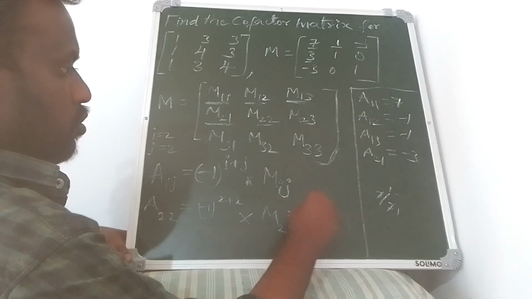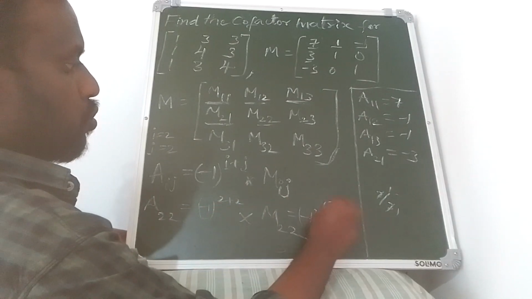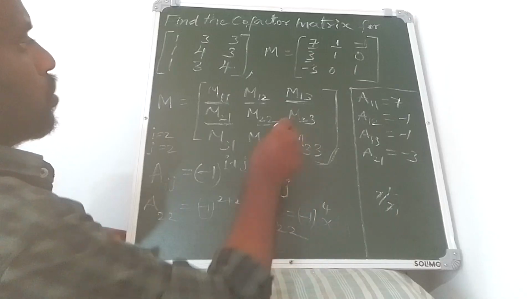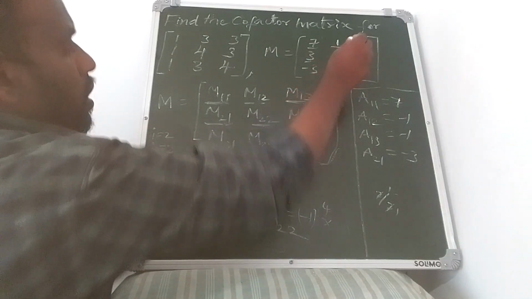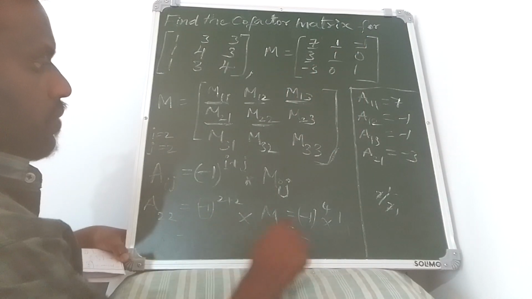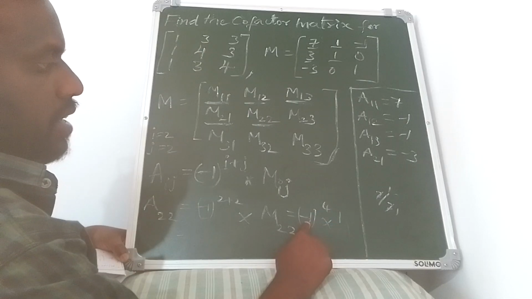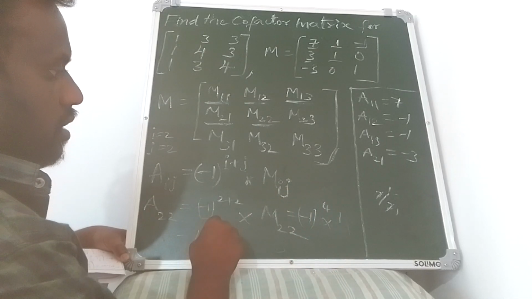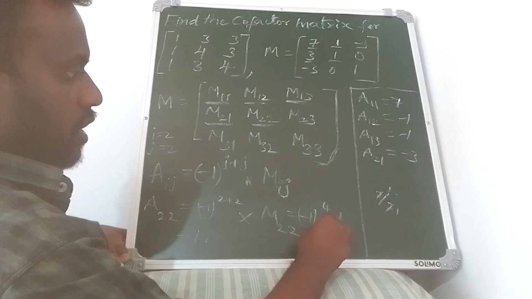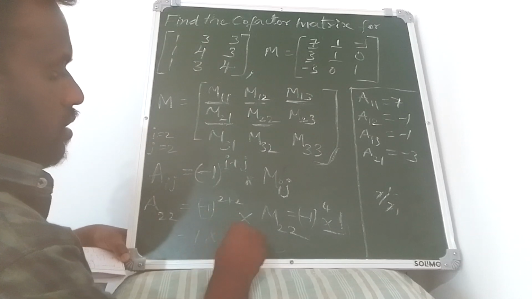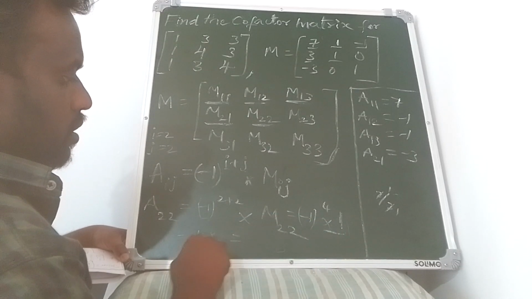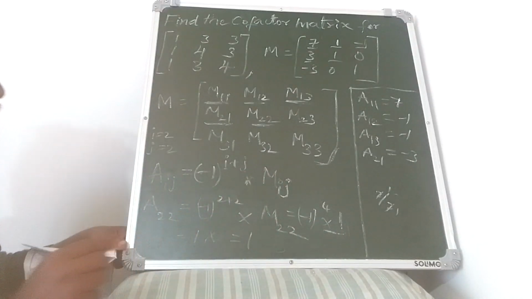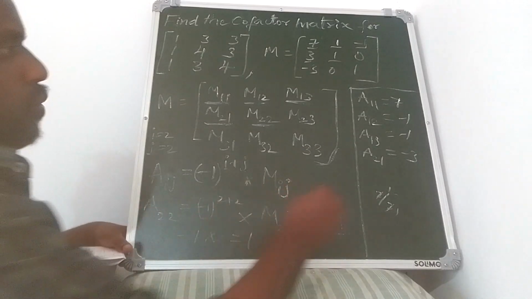Now this is minus 1 to the power of 4 into m22. In place of m22 we have 1. That 1 I will take here. So 4 is an even number, minus 1 to the power of an even number is plus 1, into 1. 1 into 1 is equal to 1. So a22 is equal to 1.